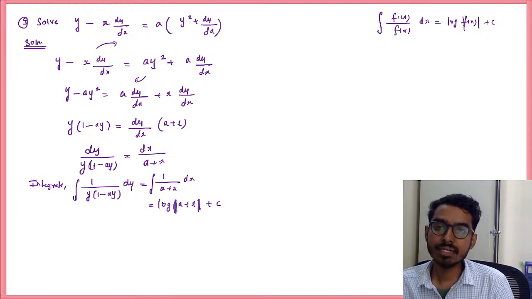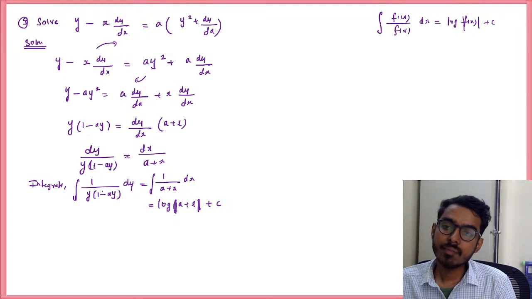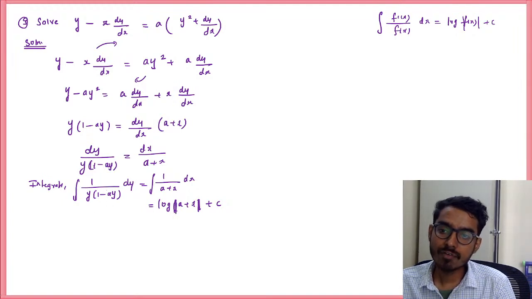Now we need to integrate this. Now remember, whenever you have some functions like this, what is the degree of the numerator? It is 0, because a constant is degree 0. And what is the degree of the denominator? It is 2, because we have a y square term.